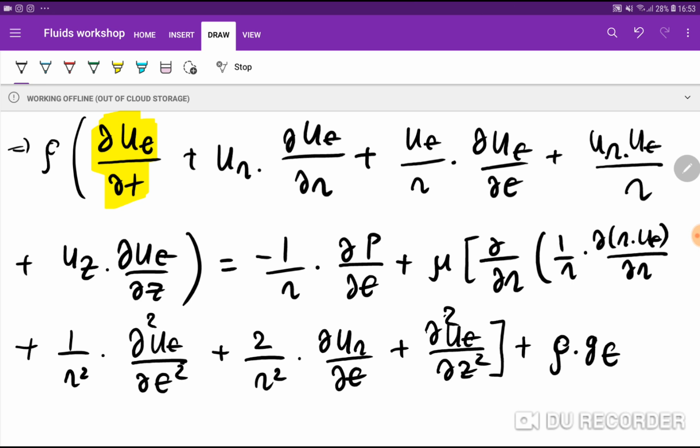Okay, let's see which terms cancel out. We know that this is a steady state problem, therefore there is no change of velocity with respect to time. So you can say this term cancels out due to steady state. Okay, wonderful.